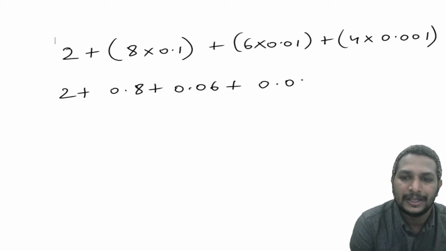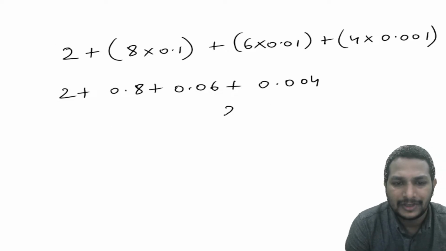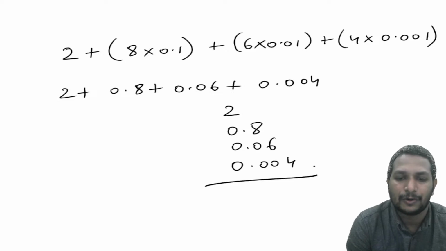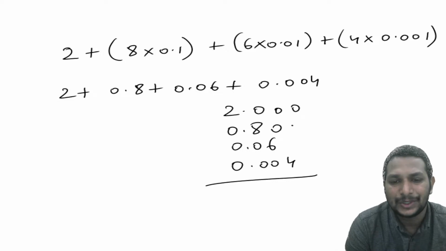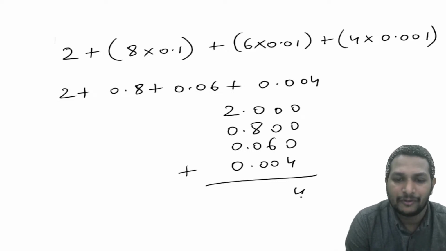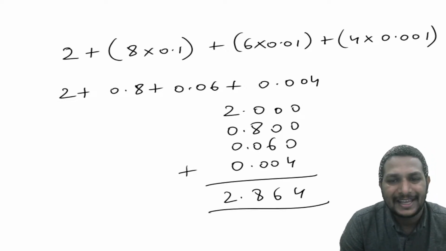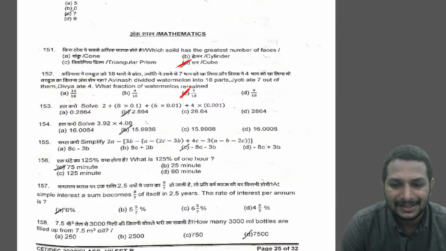Add all of them, like 2, 8, 6. Empty places will be filled with zeros. Add all of them. The answer for this question is 2.864. Right? 2.864. Get this. The answer is option B. Okay, discussing this is set.